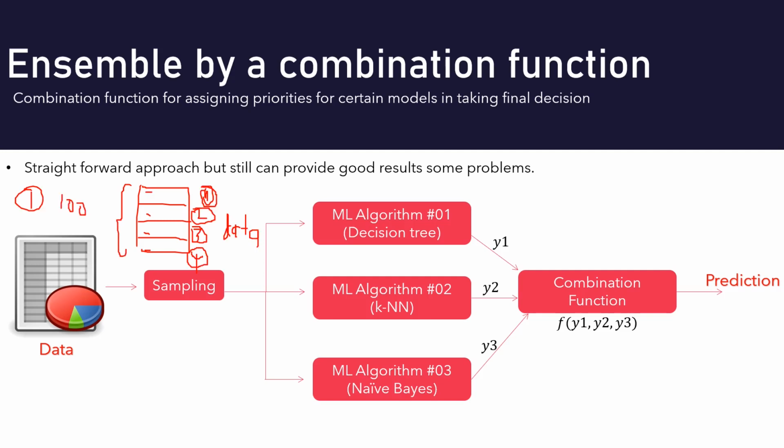So we assume that we have sampled it into three different samples. Then the first sample will be assigned to algorithm 1, the second sample to algorithm 2, and the third sample to algorithm 3. There are three different machine learning algorithms we have used: decision tree, nearest neighbors, and naive bayes.